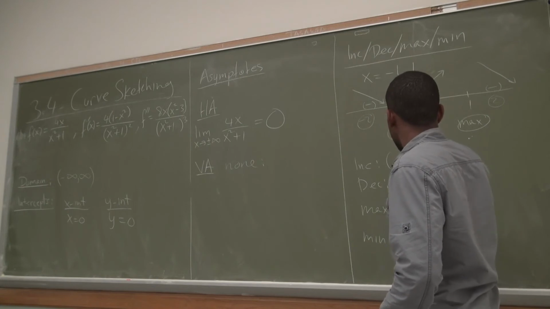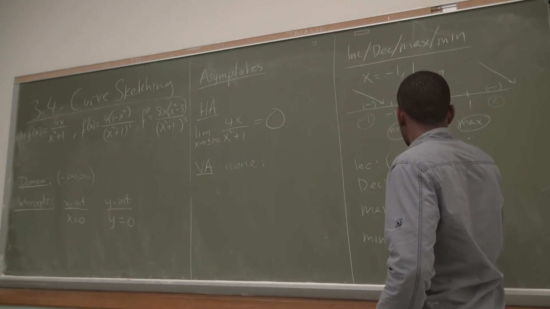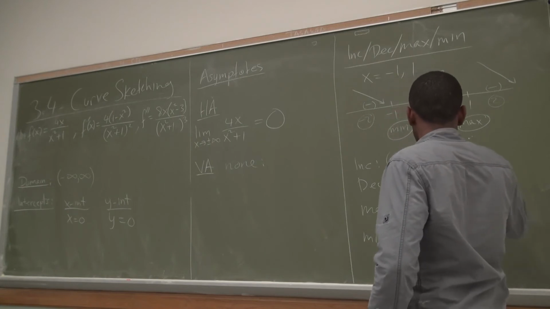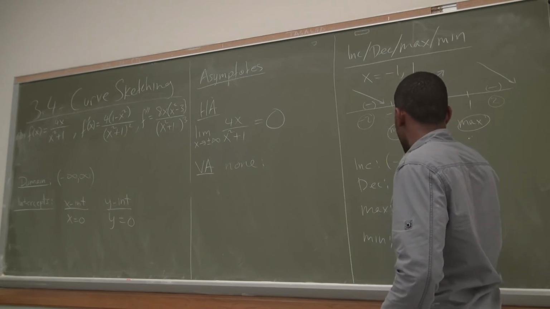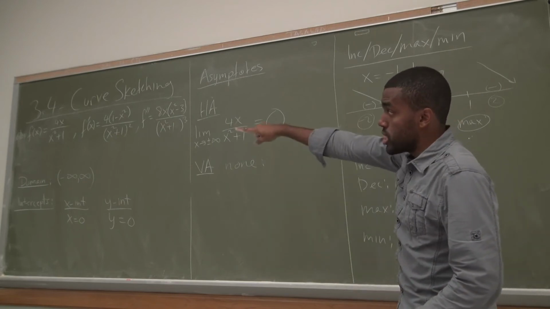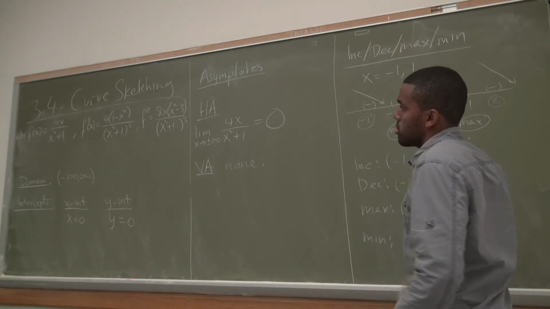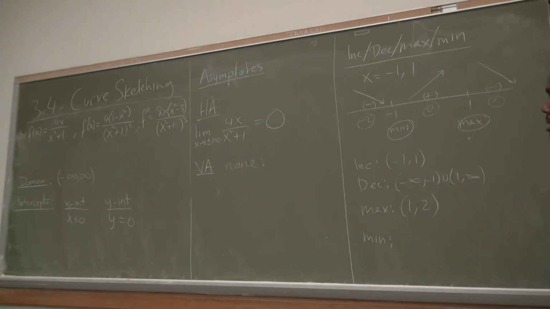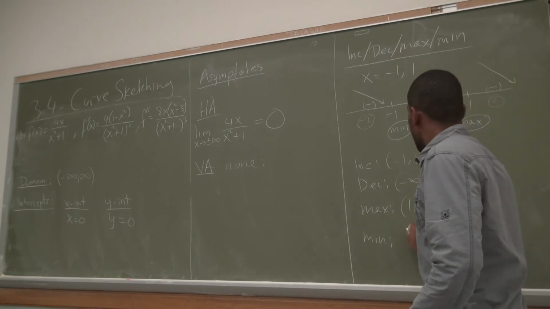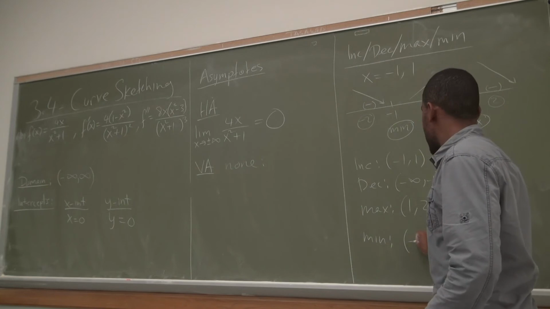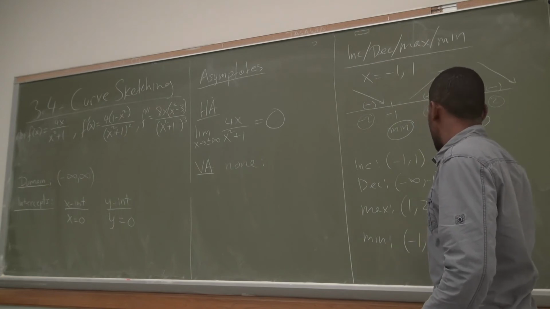We're decreasing from minus infinity to -1, union from 1 to infinity. We have a max at 1 comma, plug into the original function to get the y-value, and I think you get 2. Right, 4 times 1 over 1 plus 1. The minimum would occur at -1 comma -2.